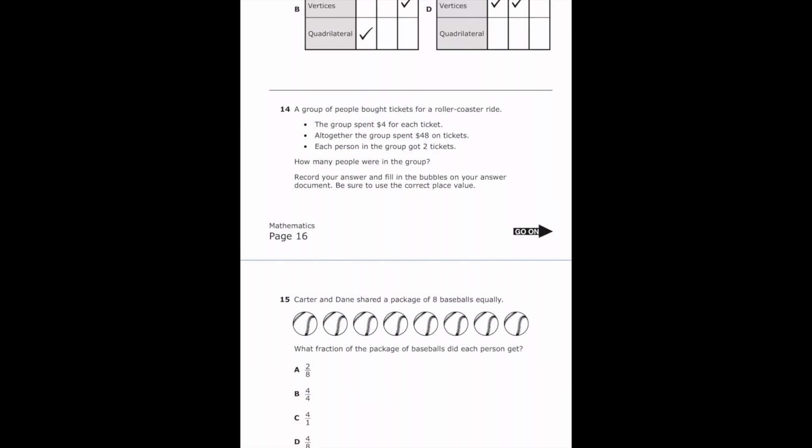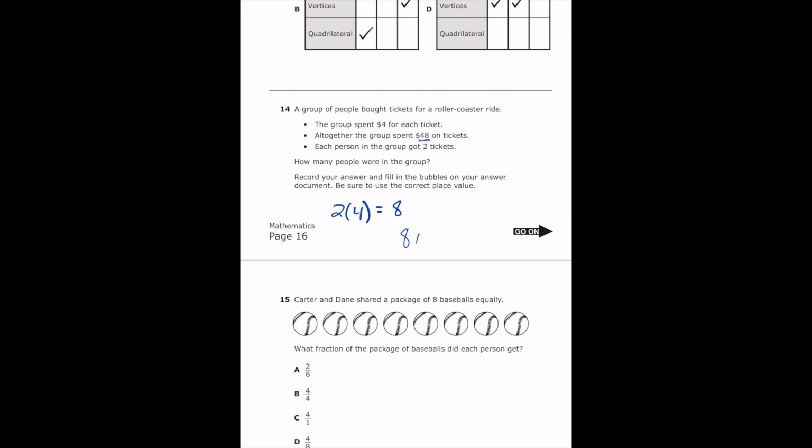All right, so each person in the group got 2 tickets. And each of those tickets was $4. So 2 times 4 is going to be $8 per person. All right, altogether the group spent $48 on tickets. So basically we have $8 per person, and we need to multiply that by some number that gives us $48 total, right?